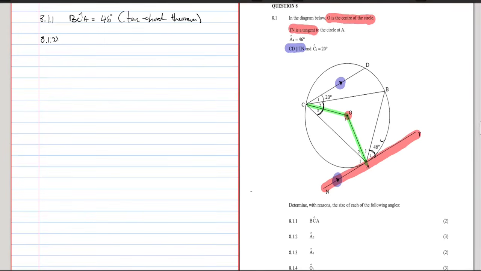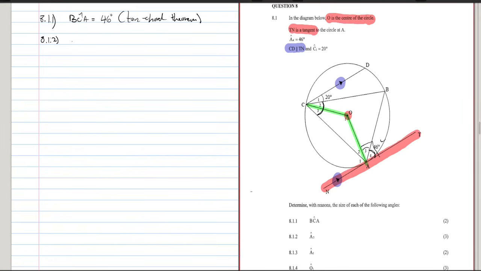8.1.2. Okay, so angle A3, it's this angle right here. The green radius OA and that tangent TN are perpendicular to each other, right? There's a theorem which states that.